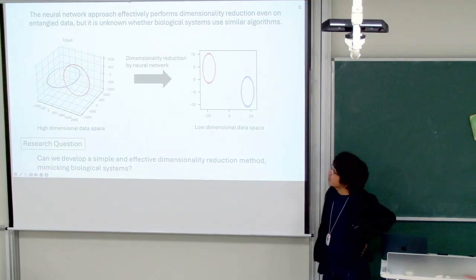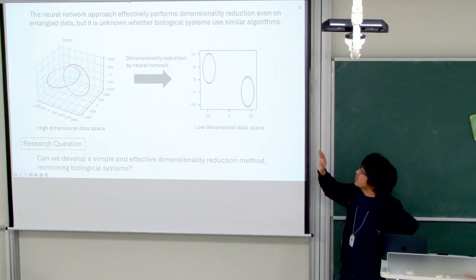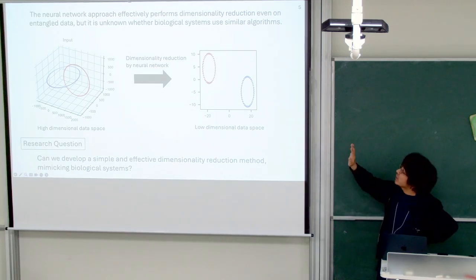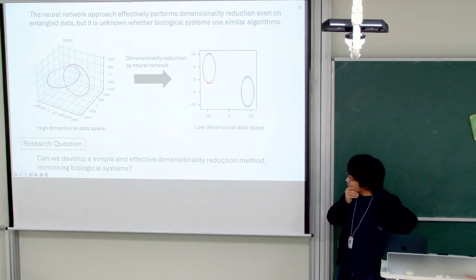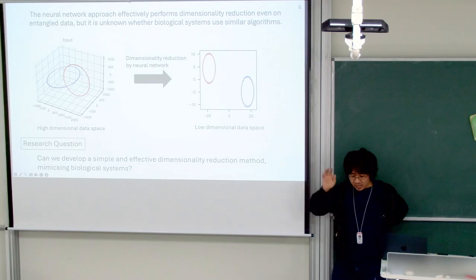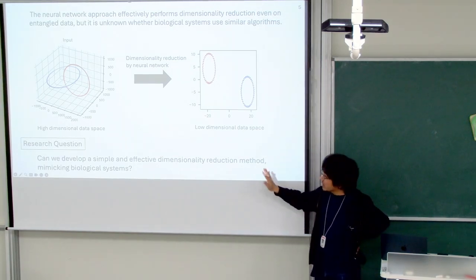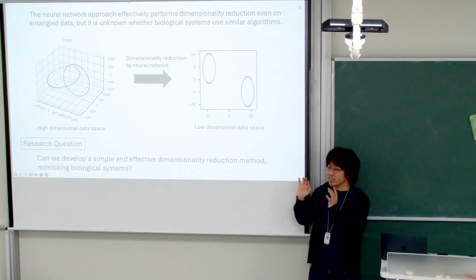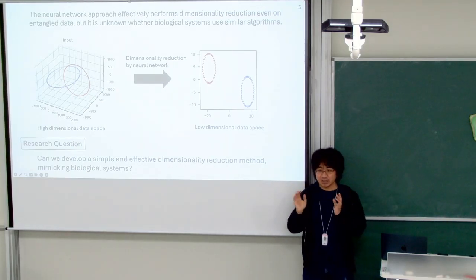It's very good, but it is unknown whether real biological systems use a similar algorithm. So the research question of this paper is: can we develop a simple and effective dimensionality reduction method mimicking biological systems?